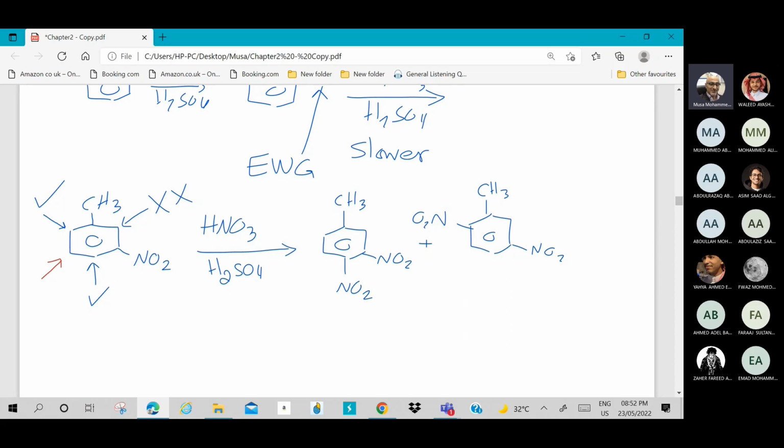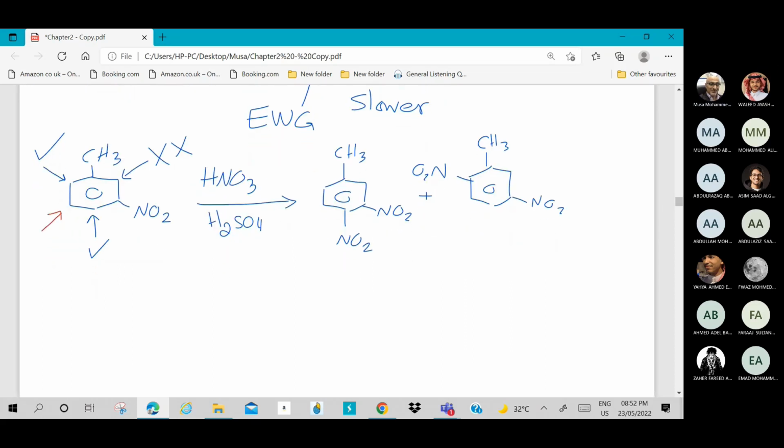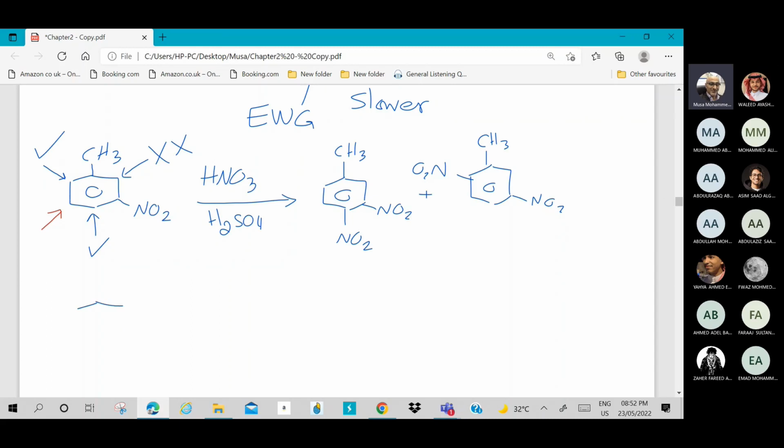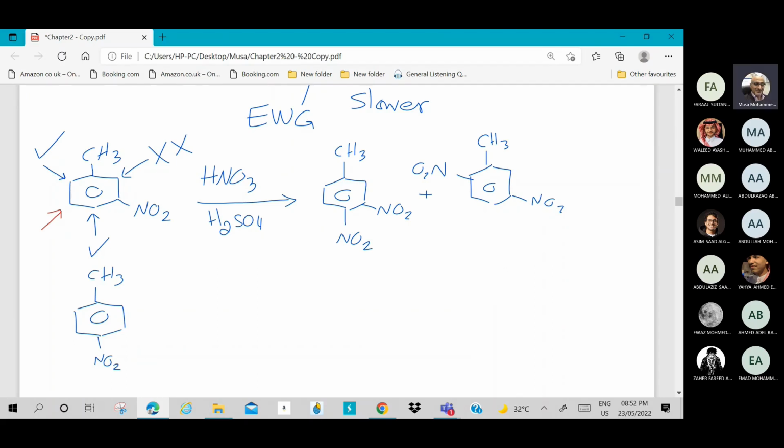So now, sometimes you have a reaction like this. You have a CH3 here, and you have, yes. Which one is the stable one? You mean which one is the major? Yeah. Both are major, because when we have a ratio between two that is 30 to 70 or 40 to 60, we say that both of them are major.